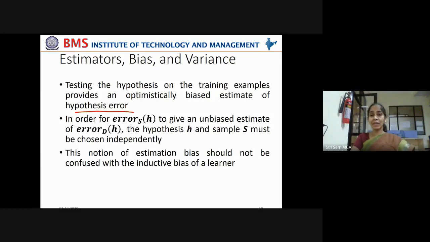Optimistically biased estimate means whenever you are making your machine learning model ready with your training examples, because it knows all the attribute combinations of the training examples, it will provide a very good, attractive, biased estimate of the hypothesis error. It will give 95%, 99% accuracy also, because the training examples are all seen by and known to the machine learning model.